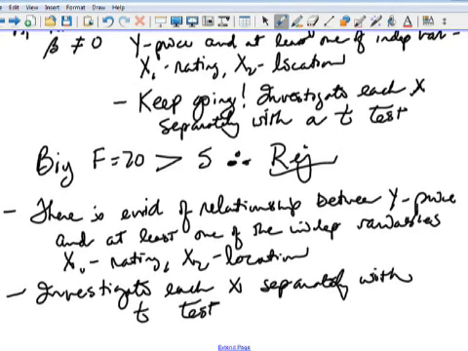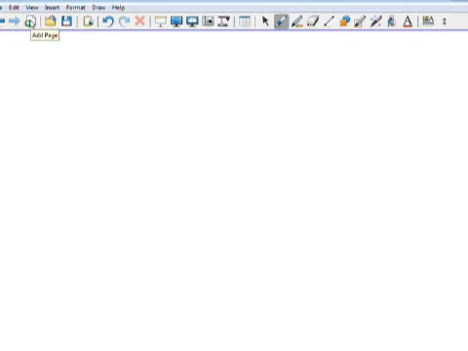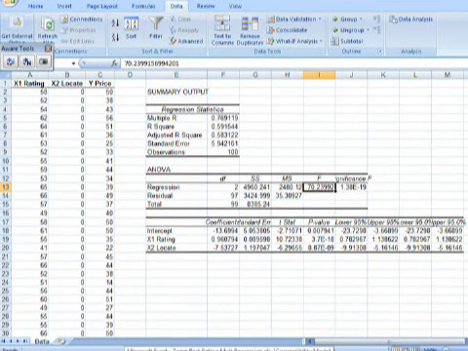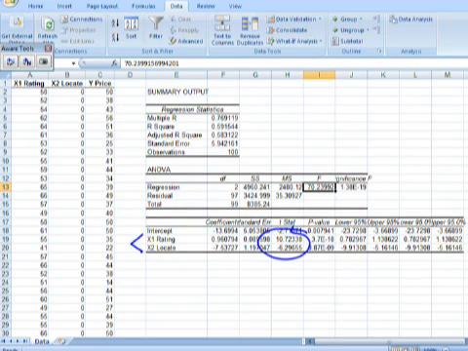Back to Excel one more time. Let me get a clean sheet here, but back to Excel. This time we're going to be doing the individual t-test. So we need to look at the t-statistic associated with each slope. In other words, here are 2 independent variables. Here are the 2 test statistics we will look at separately.